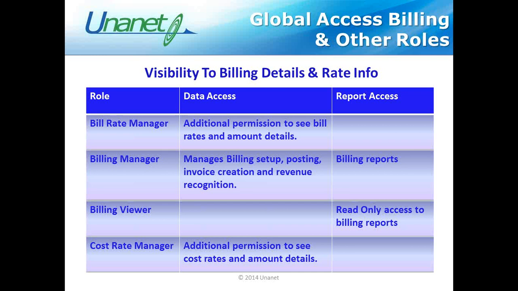So those who work in finance or accounting or those responsible for bottom line project cost or variances between costs and billing may require access to these cost rates. But a standard project manager typically would not have access to cost rates. So ultimately it's up to you and how you want to run your business and what roles you want to give.